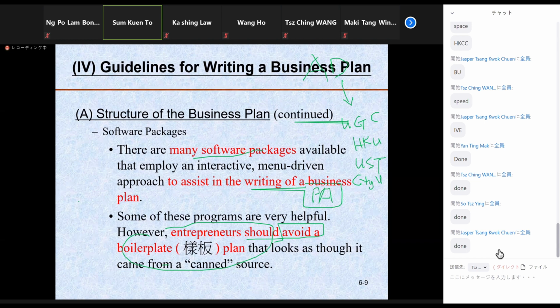So don't use one template for everything. In future, when looking for a job, for each and every application letter, don't just copy something from the internet. Make sure you change the company name, post title, and so on.